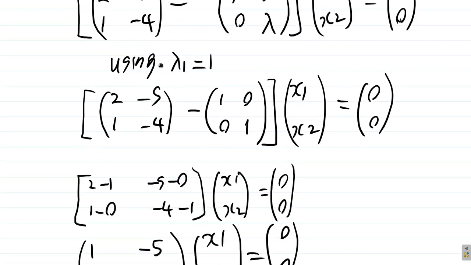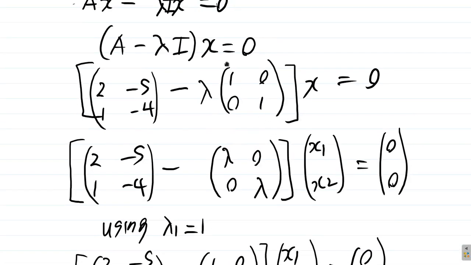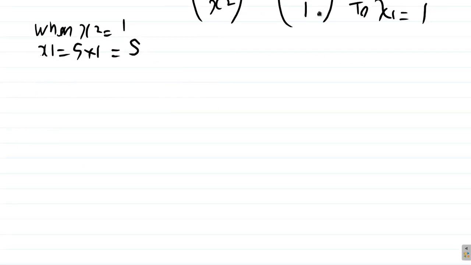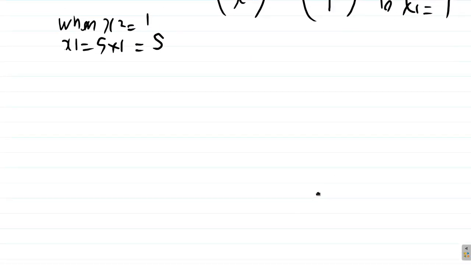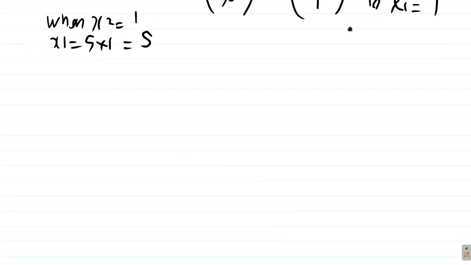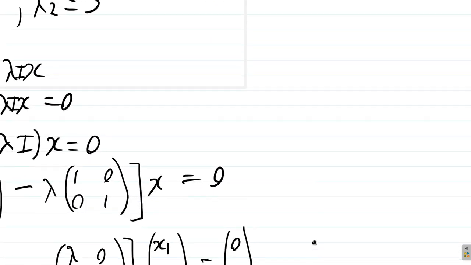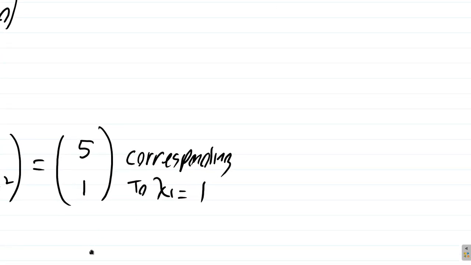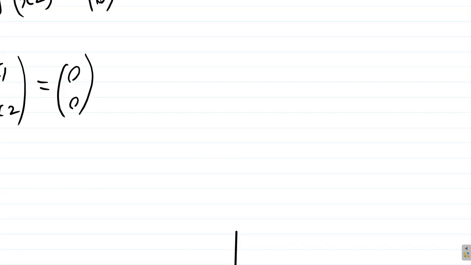We want to see what happens when we use lambda 2 equal negative 3. So let me see something. Let's draw a line and work on the right, instead of working down, because we soon run out of scrolling space.